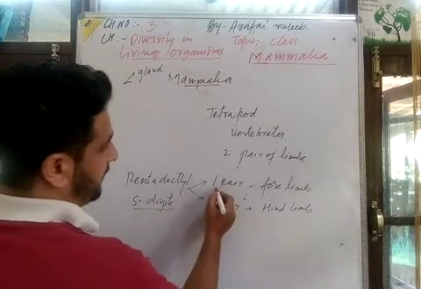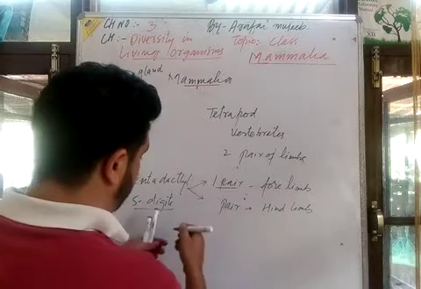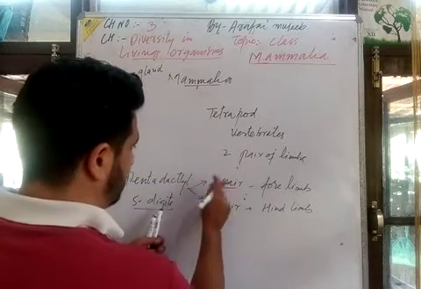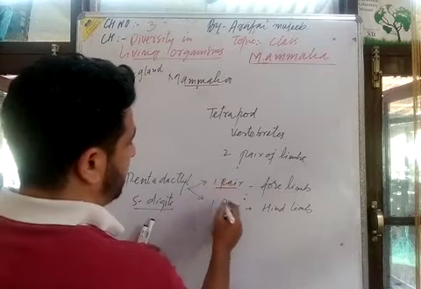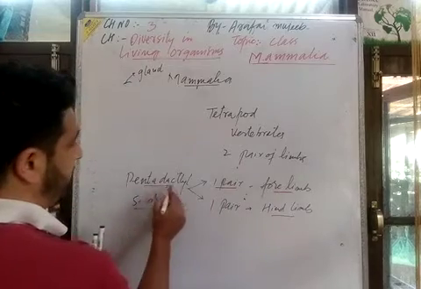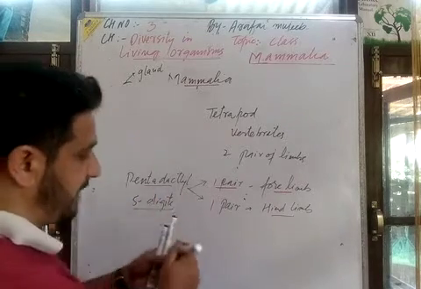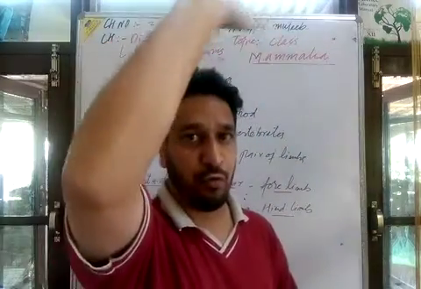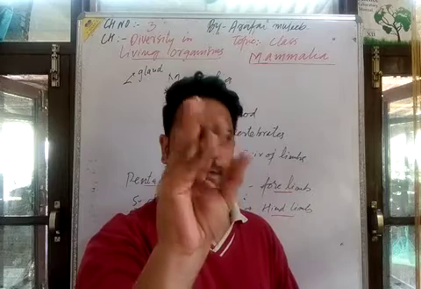It is one pair of forelimbs and another pair of hind limbs, and they are pentadactyl. Pentadactyl means that if they have limbs, they have 5 digits. Like me, I have this arm, my forelimb, and it has 5 digits in it.